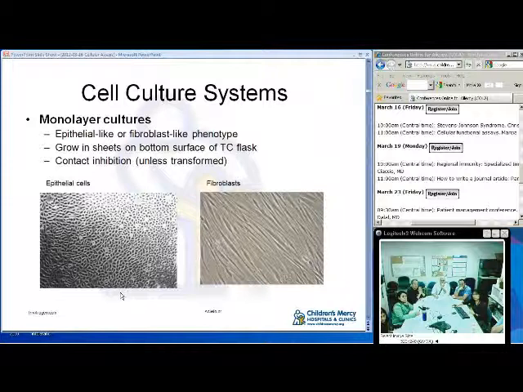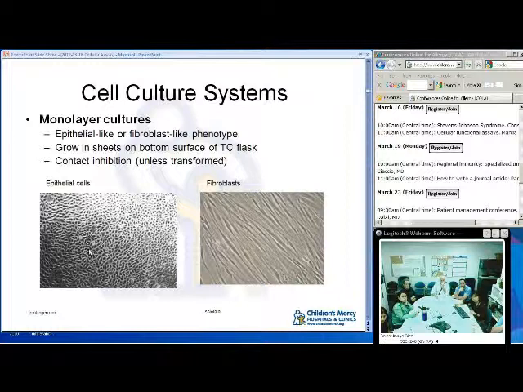So when we do tissue culture, there are basically two forms of cultures. There are the monolayer cultures, and these are usually epithelial-like or fibroblast-like phenotypes. Basically, they grow in sheets on the bottom surface of the tissue culture flask, and they grow until what is referred to as contact inhibition, unless they're transformed.